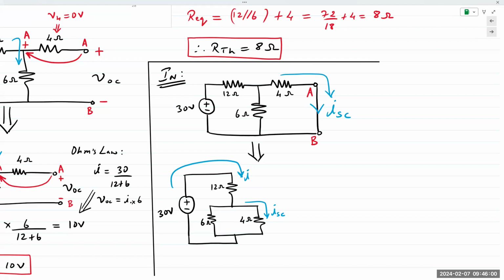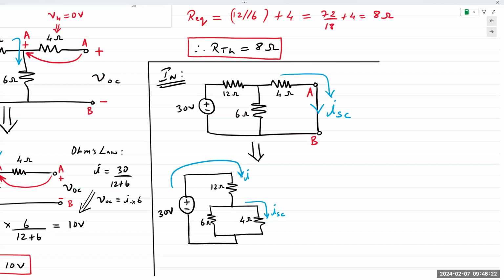So we can analyze this multiple ways. A combination of applying Ohm's law 2 or 3 times, applying current division, find the total current I being supplied by the 30 volt source, or you can apply series parallel analysis. It's basically a combination of 2 or 3 different techniques, right?